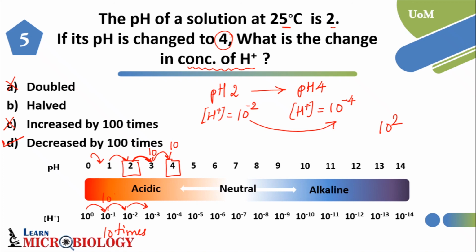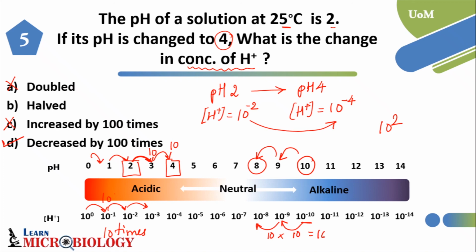You can also go vice versa. For example, your pH which was 10, now it is 8. Okay. So here your pH is getting decreased. So when pH is getting decreased, what will happen? Hydrogen ion concentration will increase 10 times. So when you are moving from pH 10 to pH 8, your hydrogen ion concentration will, here it will increase 10 times and here it will increase 10 times.